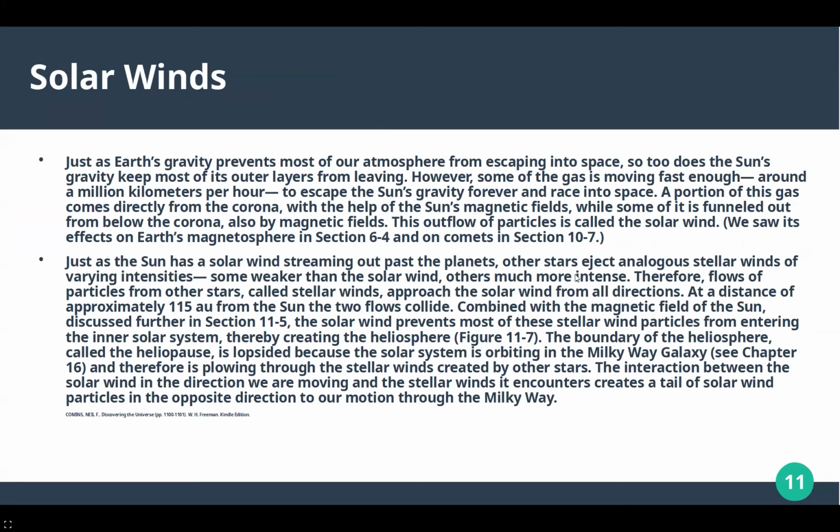The boundary of the heliosphere, called the heliopause, is lopsided because the sun is orbiting in the Milky Way galaxy, and therefore is plowing through the winds created by other stars. The interaction between the solar wind, the direction we are moving, and the stellar winds creates a tail of solar wind particles in the opposite direction of our motion through the Milky Way.